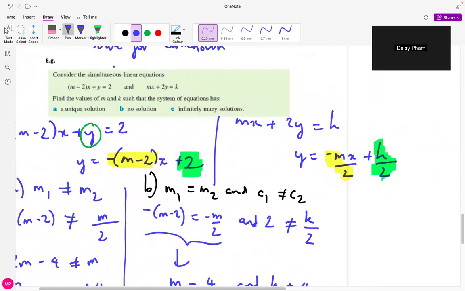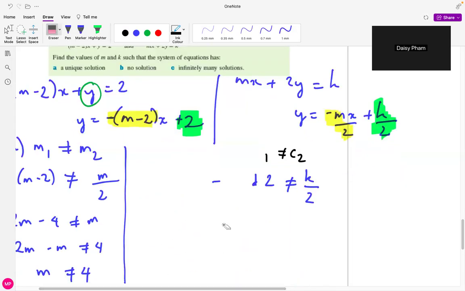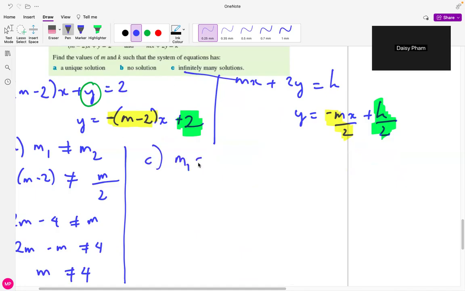All right. Then we have infinitely many solutions. To have infinitely many solutions, m1 equals m2, and c1 also equals c2.